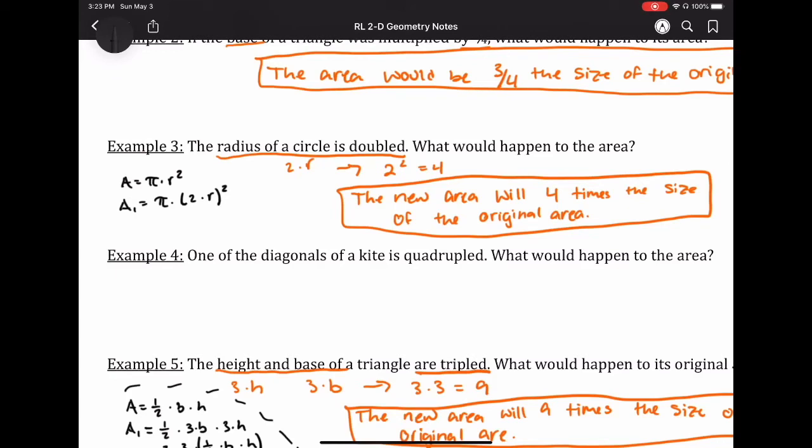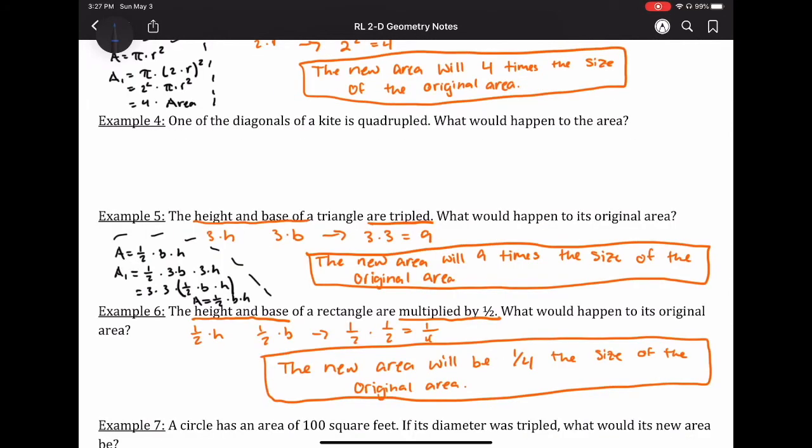Property of squares says that I can separate the multiplication and square them individually. So what I have is 2 squared times pi times r squared. That means what I'm working with is 2 squared, which is equal to 4, times the area formula. That's why I have to square before I multiply.